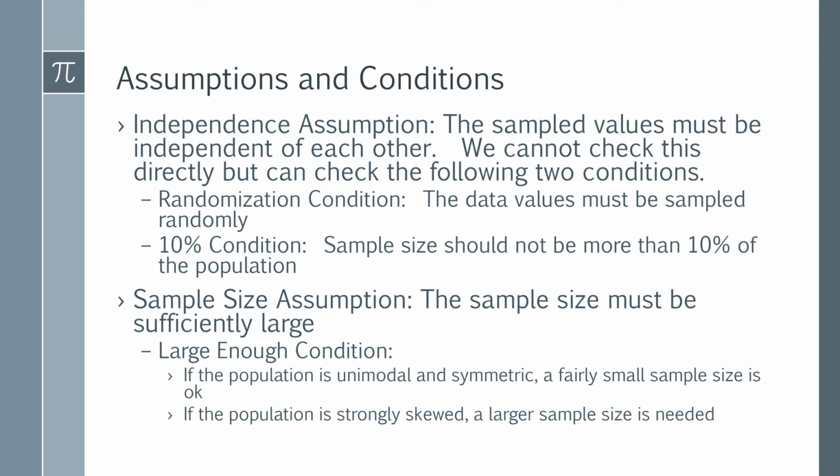If you start with a population that's already unimodal and symmetric, it's not going to be very difficult to get a sample that's also unimodal and symmetric, so you would not need to sample that many data points. Now, if your starting point, your population, is strongly skewed, you can still get a sample that is approximately normal. It's just going to take a somewhat larger sample size to accomplish that.